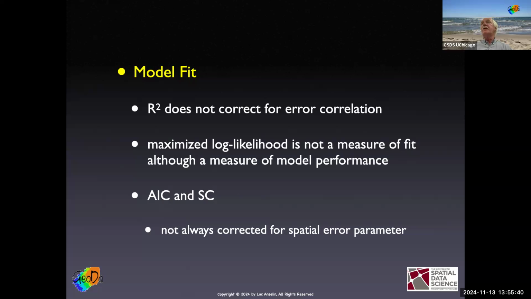It's just K. If you take it into account as a parameter, it'll be K plus 1 for the spatial error model. Unlike the spatial lag model, where there's no discussion, it's always included. But in a spatial error model, you have to look at the fine print, whether it's included or not.